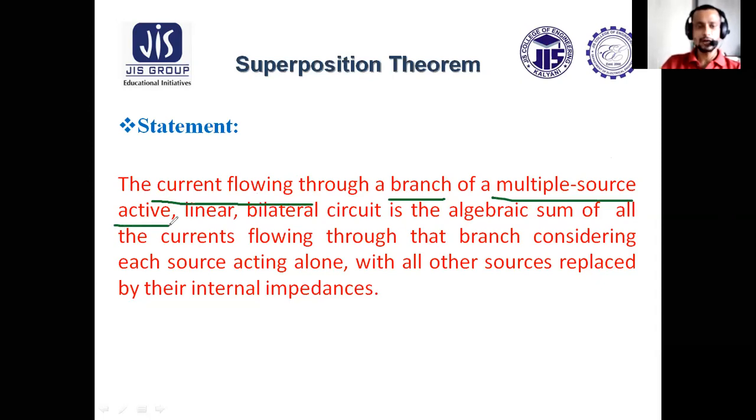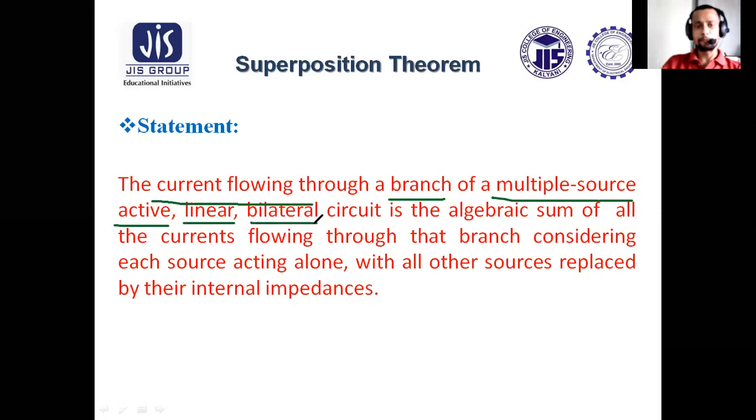Active circuits, as we discussed earlier, are circuits having some energy sources, such as a circuit consisting of a voltage source or current source. Linear means there should not be any non-linear elements such as a diode.